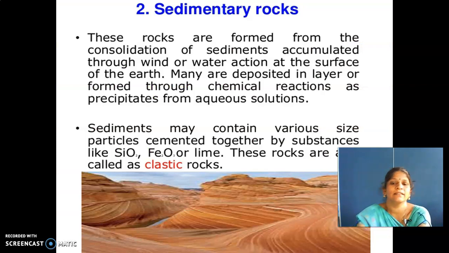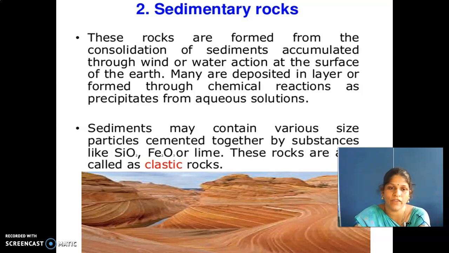Sedimentary rocks are formed from the consolidation of sediments accumulated through wind or water action at the surface of the earth. Many are deposited in layers or formed through chemical reactions as precipitates from aqueous solution.